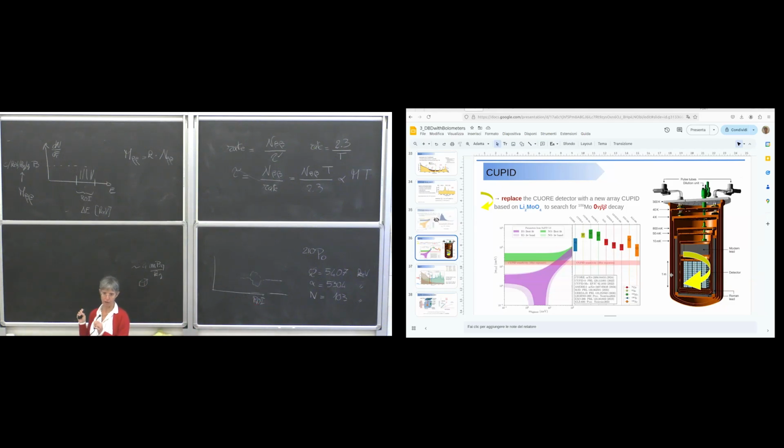And if you have hydrogen, you can have latent heat due to the transition from ortho to para hydrogen. And this is a bit worrisome. It was worrying us, and so we were not convinced of using it, but maybe for Cupid in future we will consider this possibility.